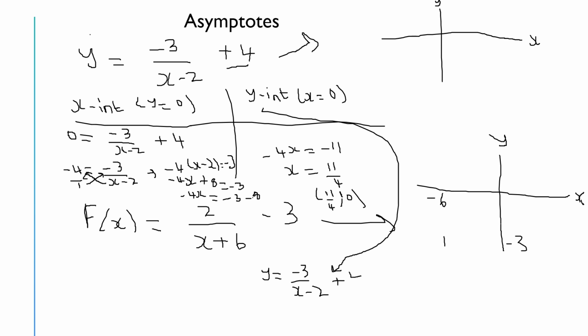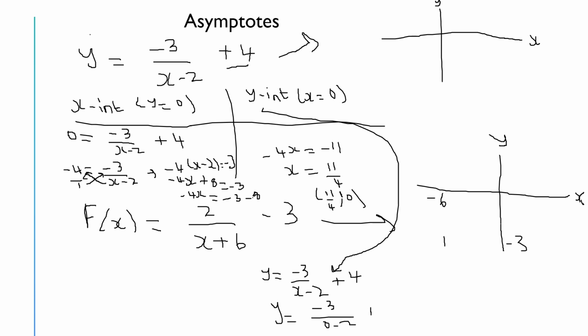Wherever we see x, we put a 0, so y would be equal to minus 3 over 0 minus 2, plus 4.